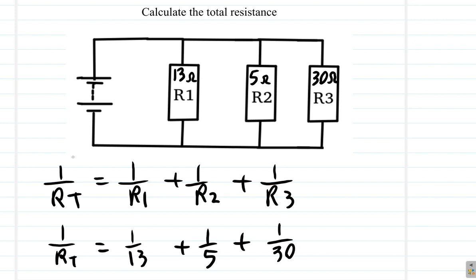But before we do that, we would have seen earlier that when we had two resistors in parallel, we could use the product over sum rule. Now that product over sum, as it is, would not work in this case, and let us see why.